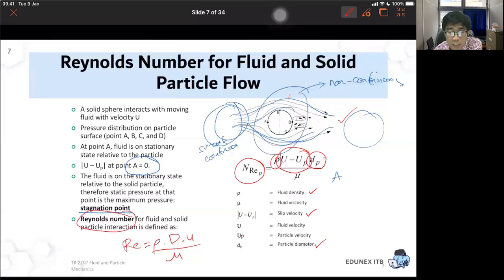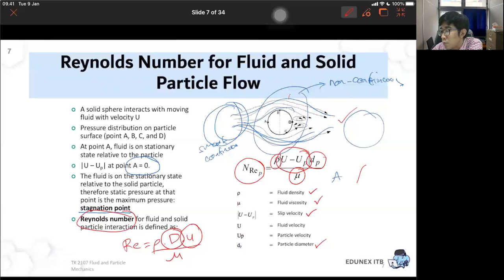The slip velocity is the difference between the solid and the fluid velocity. So you are using slip velocity for the Reynolds number of the particle and the diameter of the particle, not the pipe. And it will be divided by the fluid viscosity.